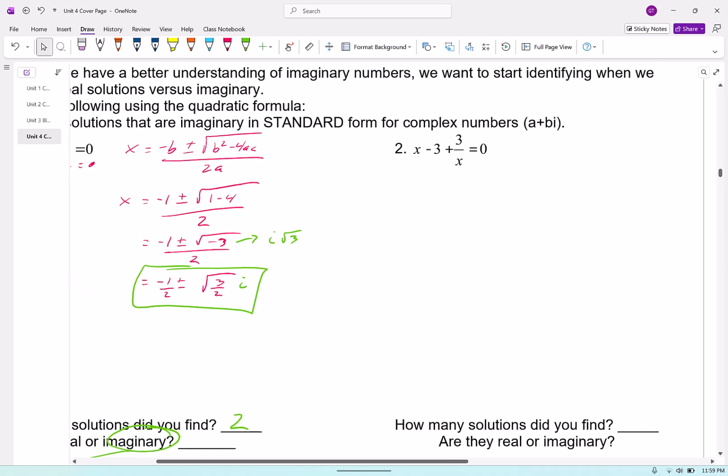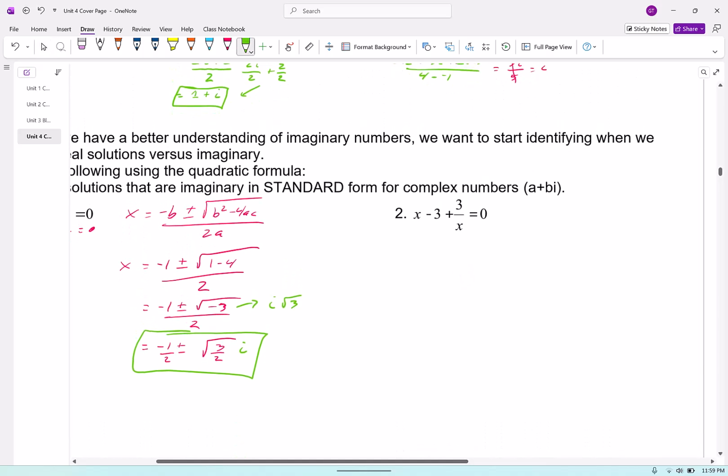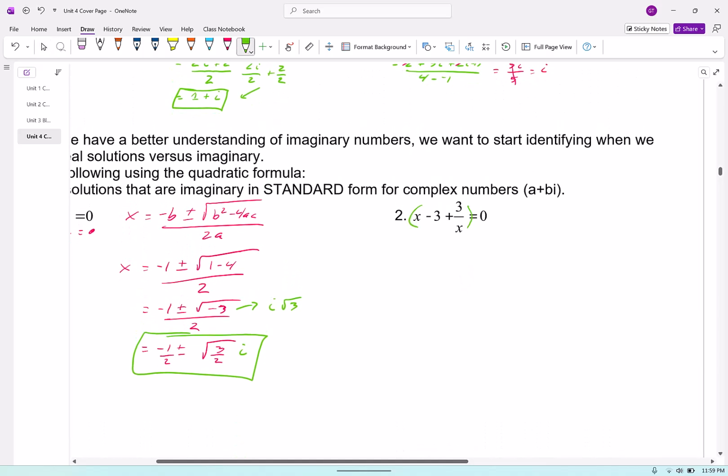Now looking over at this one, I see that I can't really use the quadratic formula because it's technically not a quadratic. Okay, so in order to make it a quadratic, I need to multiply each side by x. All right, so I get x squared minus 3x plus 3x over x, which just gives me 3. 0 times x is still 0.